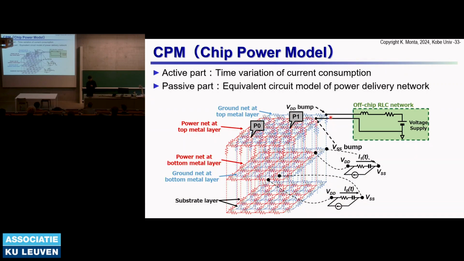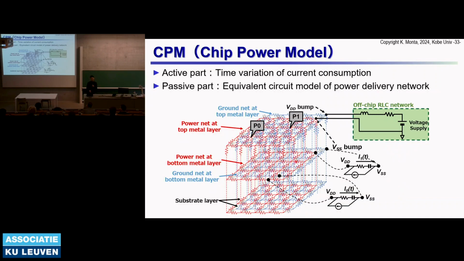And these power libraries are connected to the power delivery network of the system level IC chip. These are the power libraries of each standard cell, and those are connected to the power delivery network model, which consists of resistors and capacitors for each power net, each metal layer of the power delivery network, and the substrate layer, modeled as shown here.